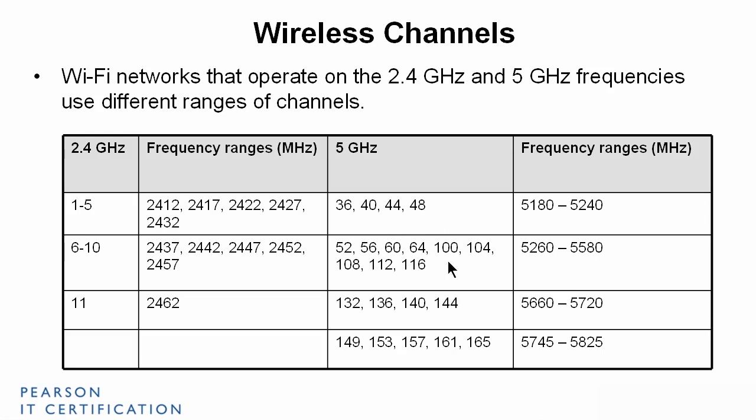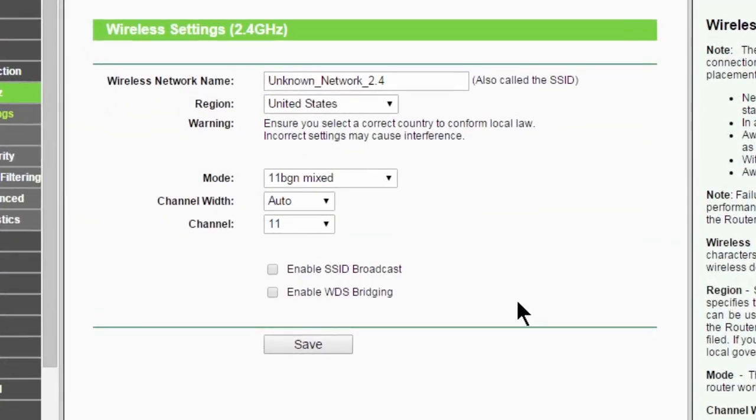But once again, as a tech, I like to go with the later ones, like 157, 161, 165, because chances are neighboring companies and organizations will be using lower numbers. And so I'll go with the higher numbers just to stay away as far as possible frequency-wise and reduce that possibility of interference.